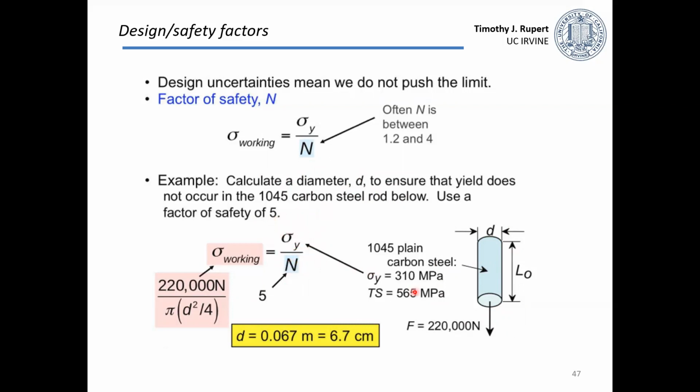The yield strength comes from the choice of material. And then you could figure out what the stress is on this sample. The force is given, and then the diameter of that sample is sort of the design criterion. We could solve for the diameter that would be needed for this. In this case, if we plug in numbers, it would need to be 6.7 centimeters.